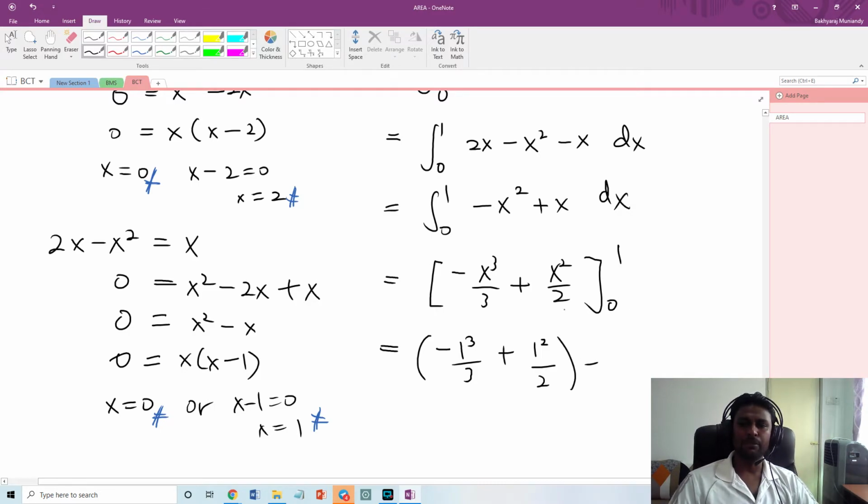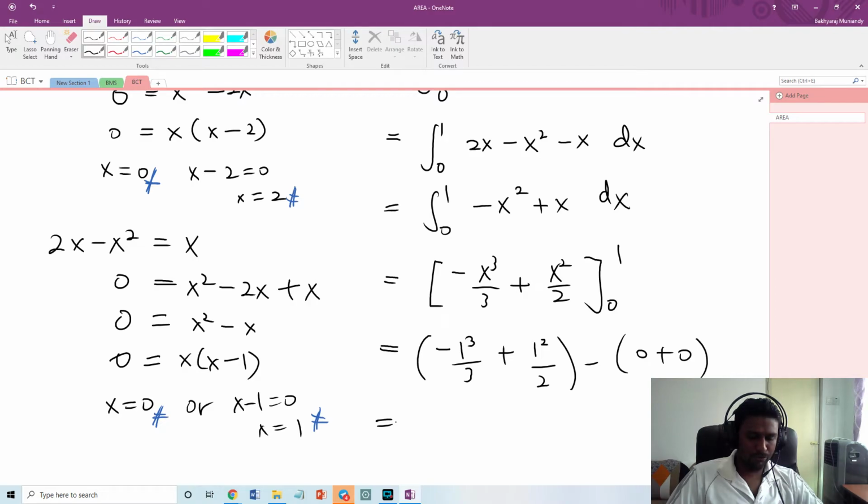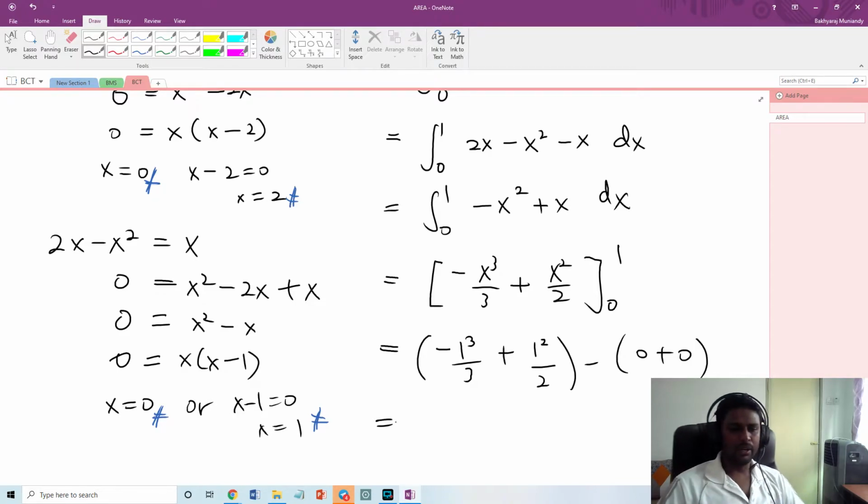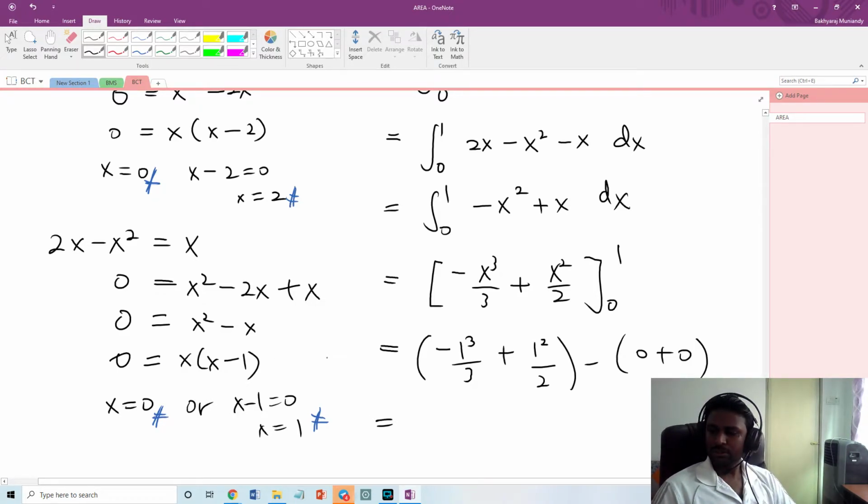minus, okay, when you put 0, of course it will be 0, right? Okay, so negative x power of 3 over 3 plus x power of 2 over 2. So when you put 1, I think your answer will be equal to 1 over 6.